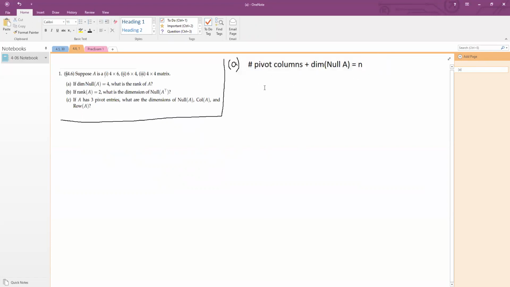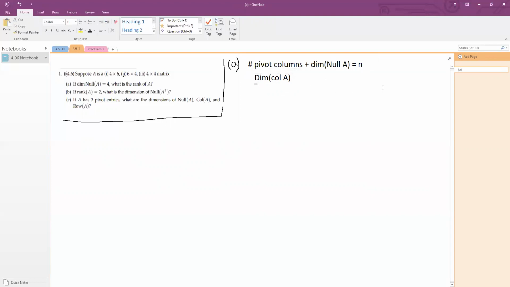The number of pivot columns is also known by another name, the dimension of the column space of A. So the dimension of the column space of A plus the dimension of the null space of A should equal the total number of columns.